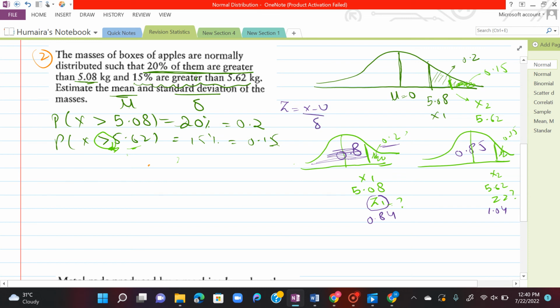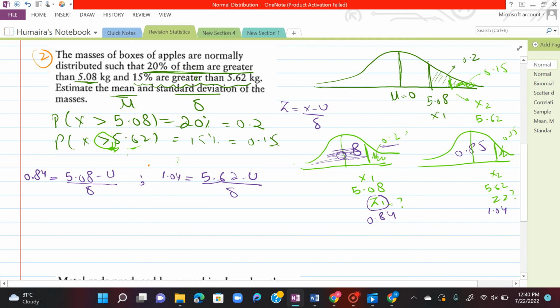So when z is 0.84, then x is 5.08, minus mu upon sigma, and on the other side, when z is 1.04, then x is 5.62 minus mu upon sigma.